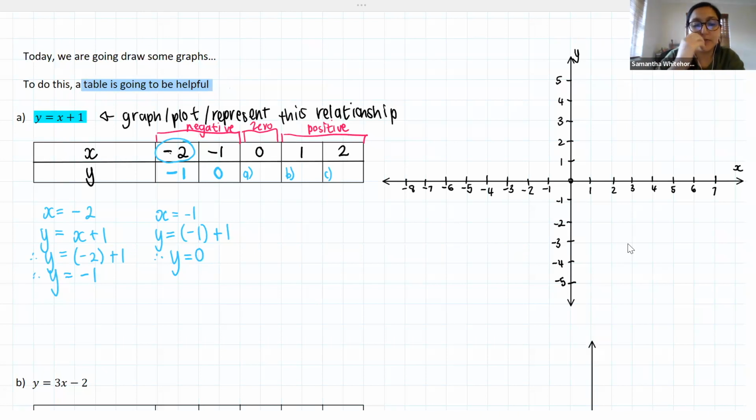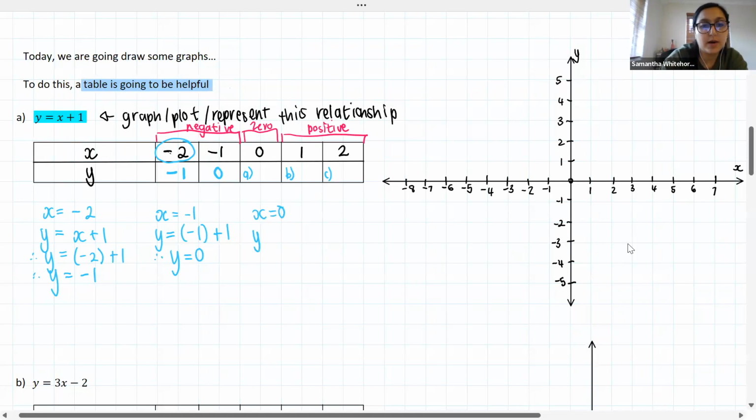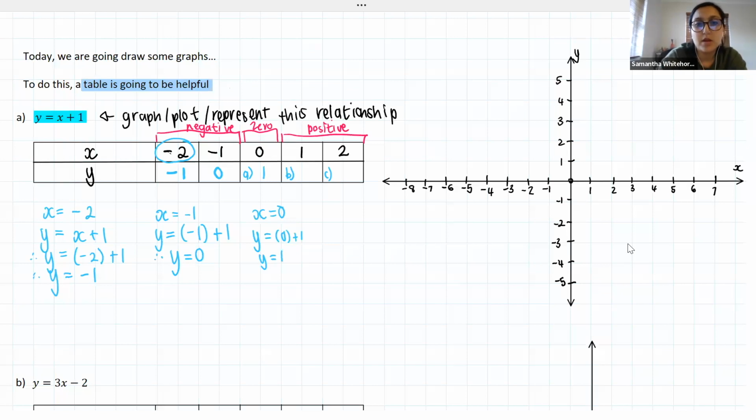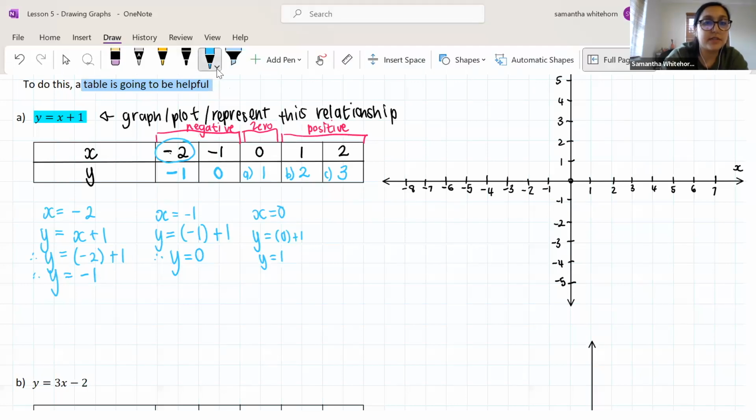Nice. Okay, guys, so if we now go and substitute in our x equals 0, we've got y is equal to 0 plus 1, which gives us an output value of 1. If we've got an input value of 1, 1 plus 1 is 2. Input value of 2, 2 plus 1 is 3. So firstly, we now have a set of coordinates.